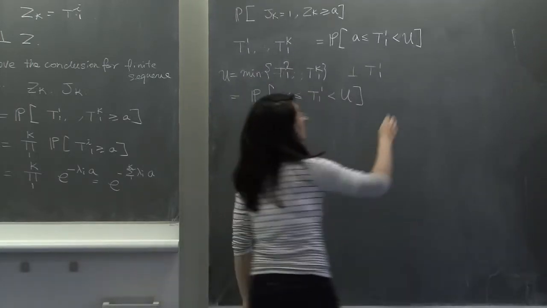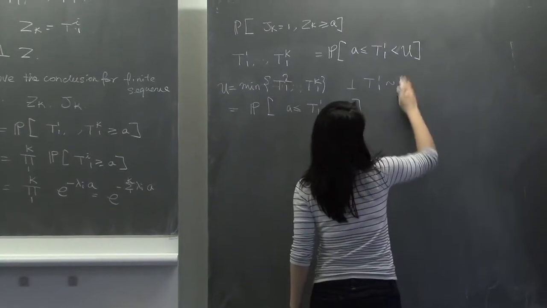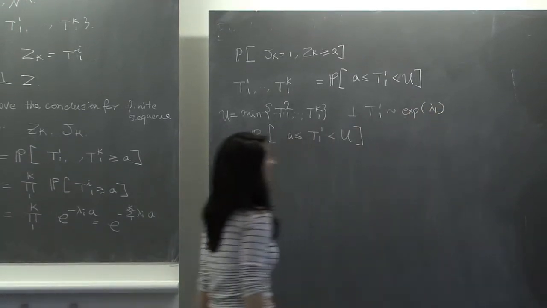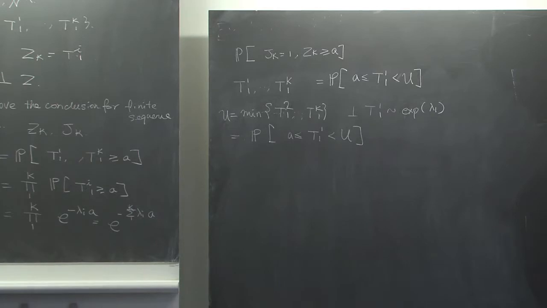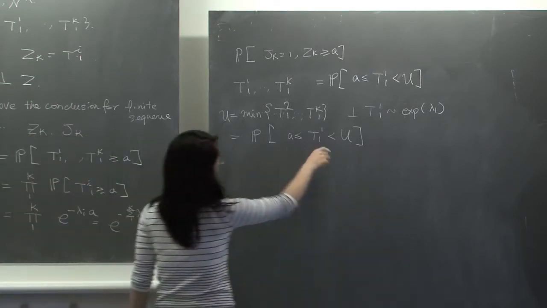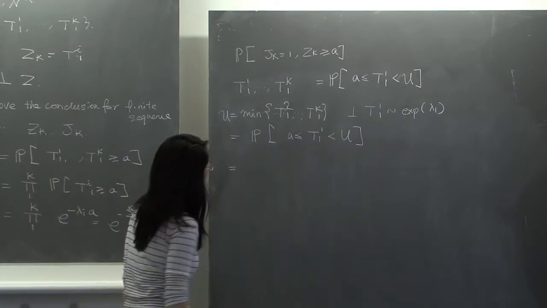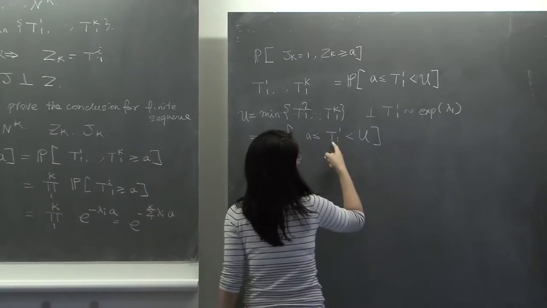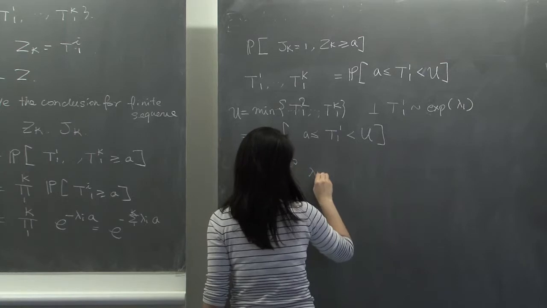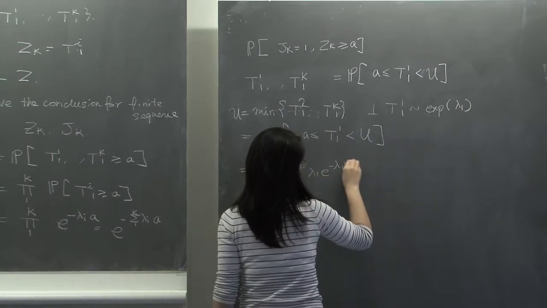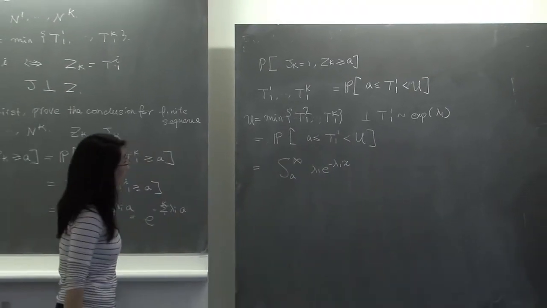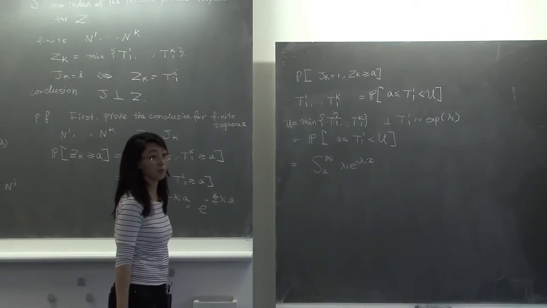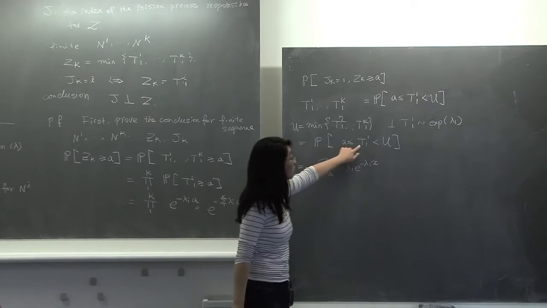And we know that T11 has the law of an exponential with parameter lambda 1. So now we can just write out this probability. The density for T11 is lambda 1 times exponential of minus lambda 1 x.